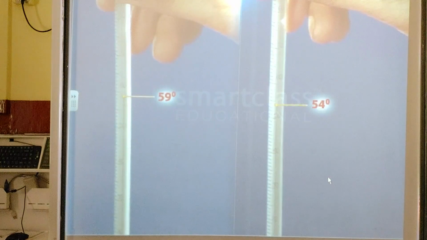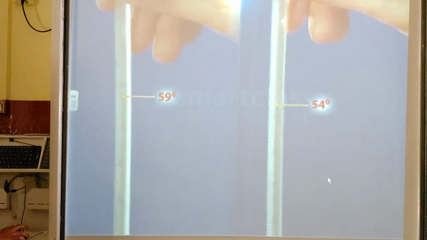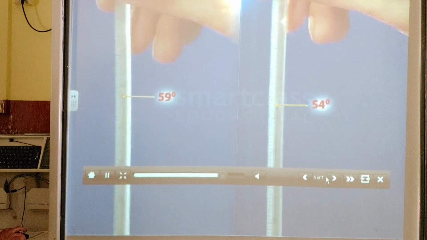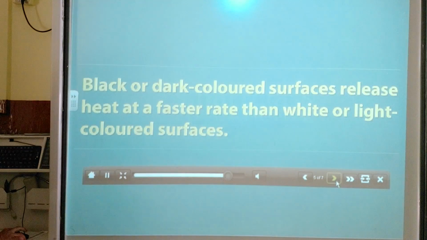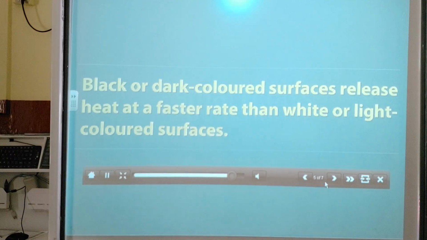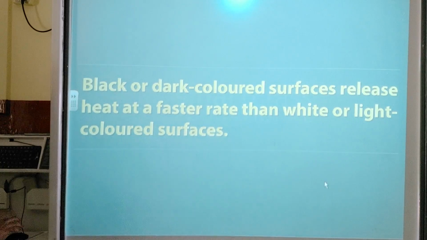Thus, the temperature is less for water kept in the black can. This means that the black surface releases heat at a faster rate. In general, black or dark colored surfaces release heat at a faster rate than white or light colored surfaces.